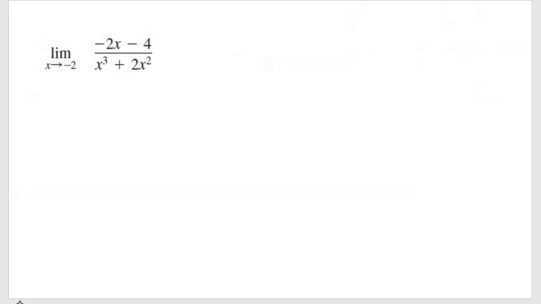In this question, limit as x tends to minus 2, let's look at the denominator again. In the denominator, we have minus 2 to the power 3 plus 2 times minus 2 to the power 2. Minus 2 to the power 3 is minus 2 times minus 2 times minus 2, which is minus 8.